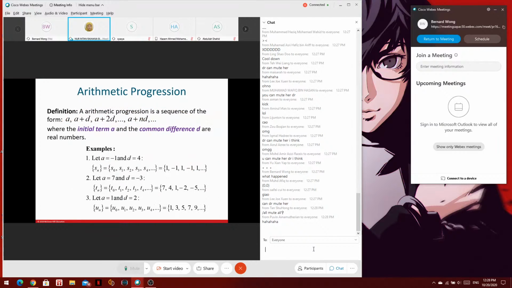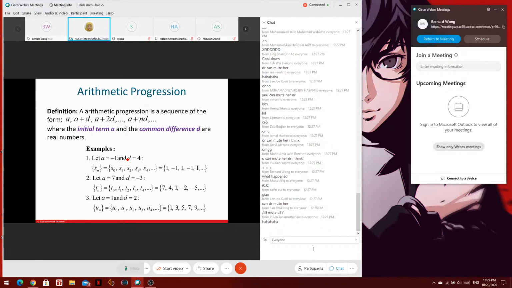Arithmetic progression. This arithmetic progression is a sequence of the form a, a plus d, a plus 2d, until a plus nd, where the initial term a and the common difference d. Just now we used a common ratio, right? So for arithmetic progression, we have common difference d, again real numbers.